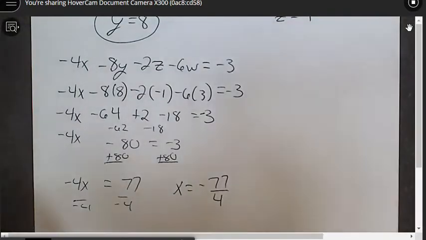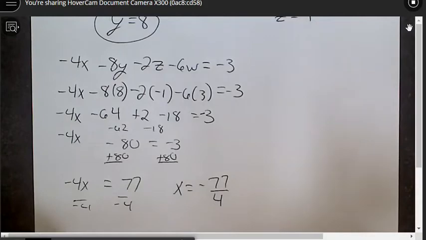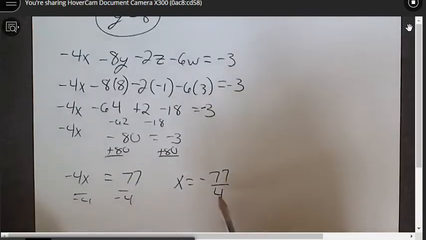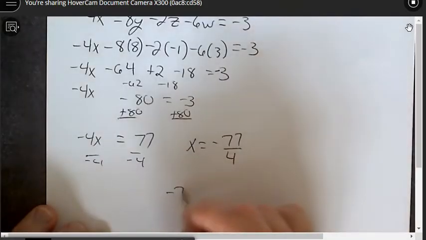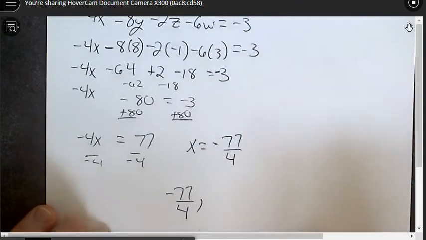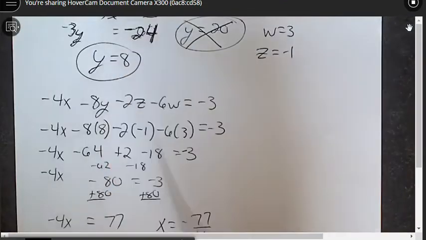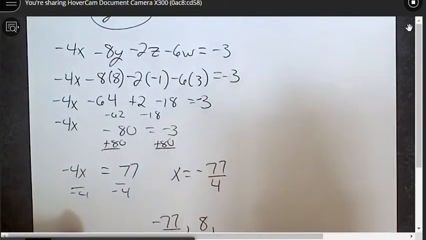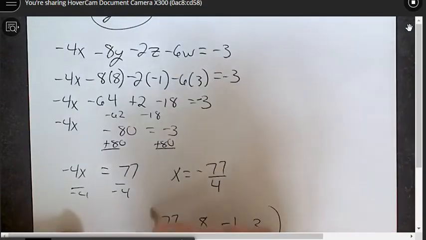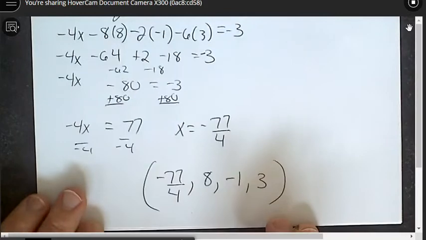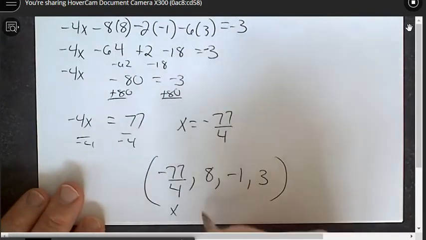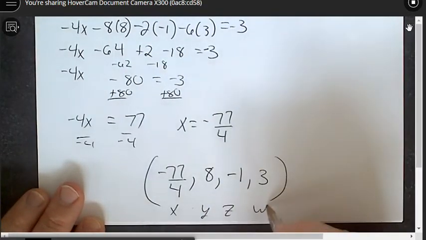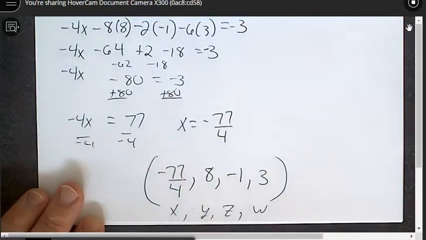So this one is basically an ordered quadruple, I guess you'd call it. We've got our x value is negative 77 over 4. Our y value was 8. Z was negative 1, and our w value was 3. So that would be in x, y, z, w order to plug in the answer.